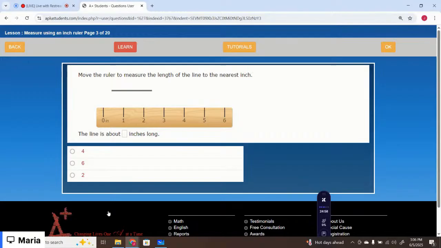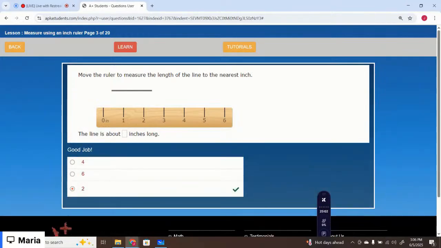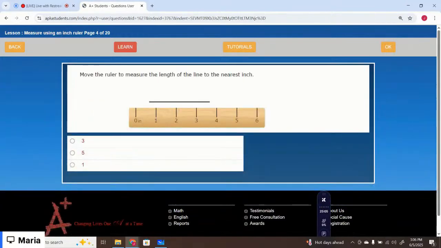That is 2 inches long. Option number three is the correct option. Move the ruler to measure the length of the line to the nearest inch. So which is the correct option? That is 3 inches long. Option number one is the correct option.